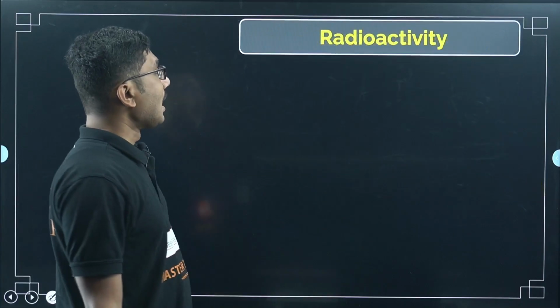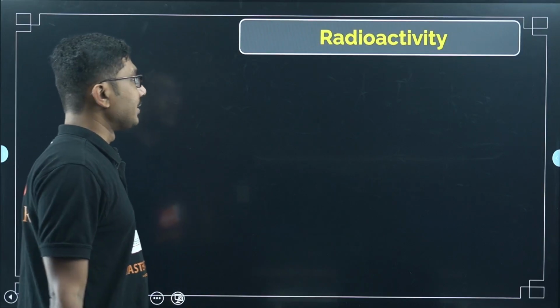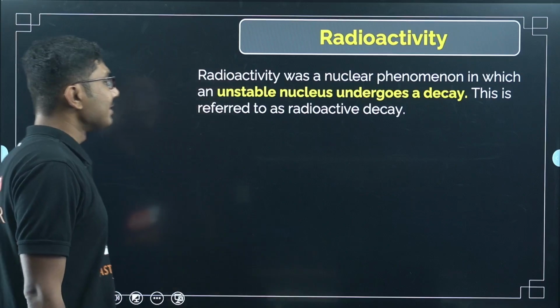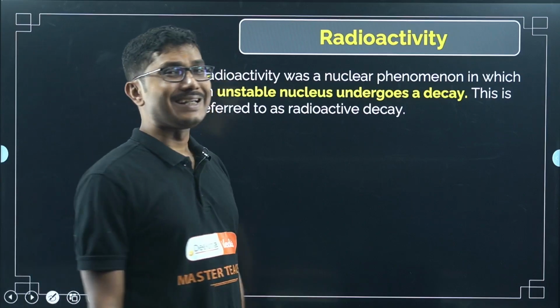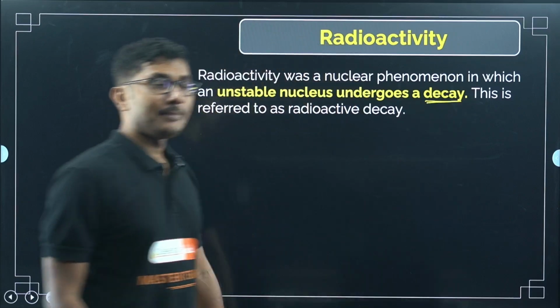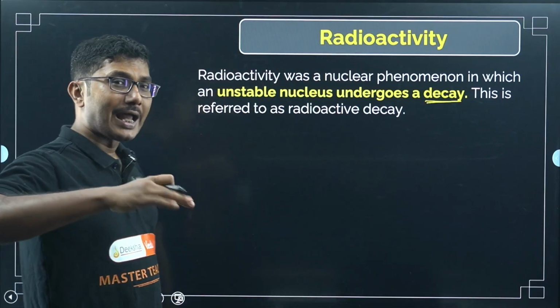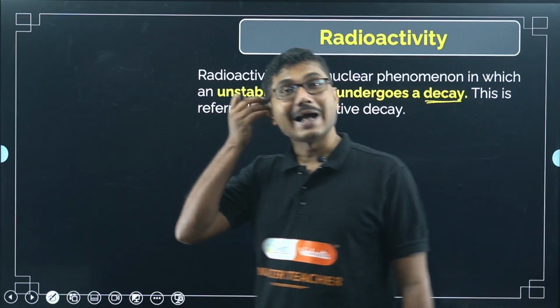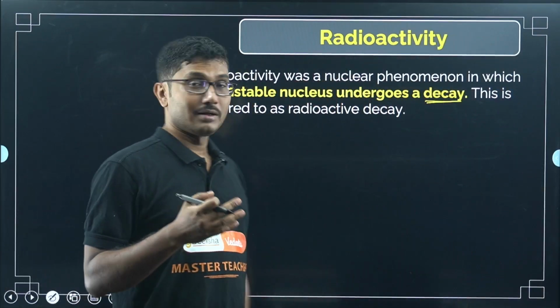Now let us discuss radioactivity. Radioactivity is a nuclear phenomenon in which an unstable nucleus undergoes decay. What is the meaning of decay? Decay means it slowly dies. It loses material, it loses something, and then it dies.